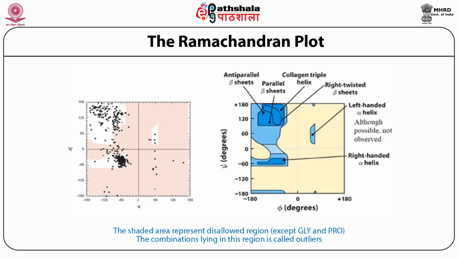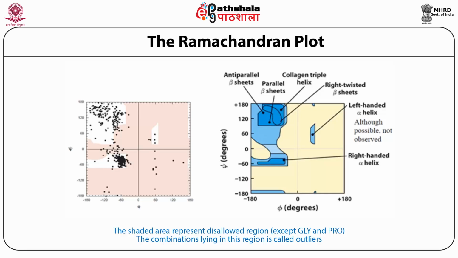In the next diagram you can see some areas are called anti-parallel beta sheet, some parallel beta sheet, some collagen triple helix. This is the diagram where phi varies from minus 180 to plus 180 along the x-axis and psi from minus 180 to plus 180 along the y-axis.